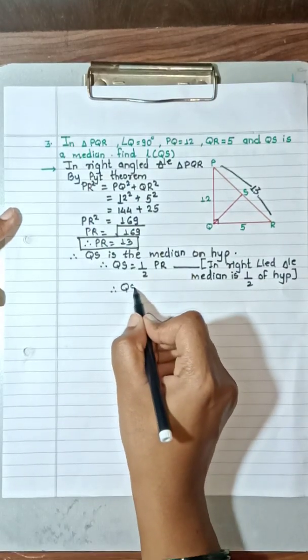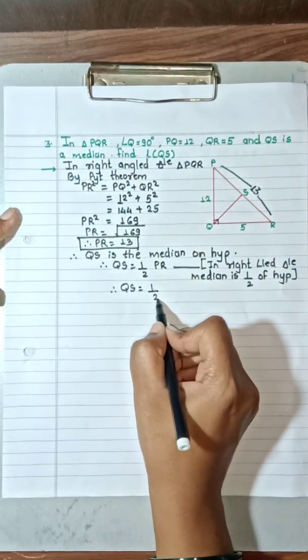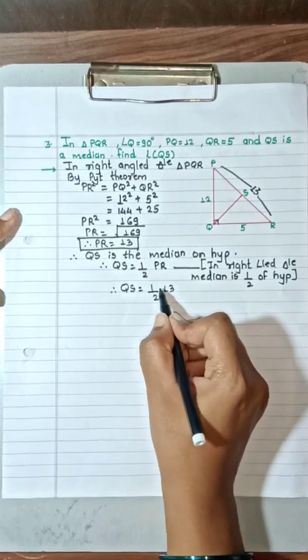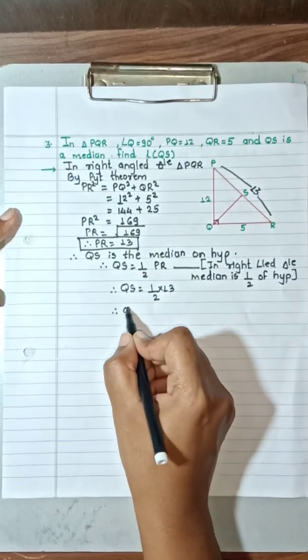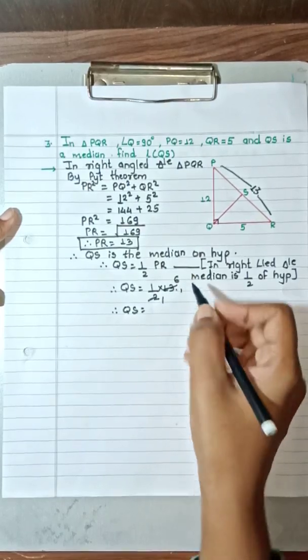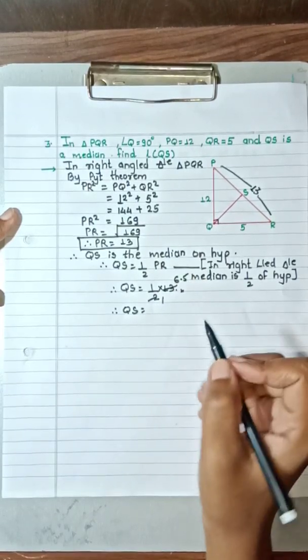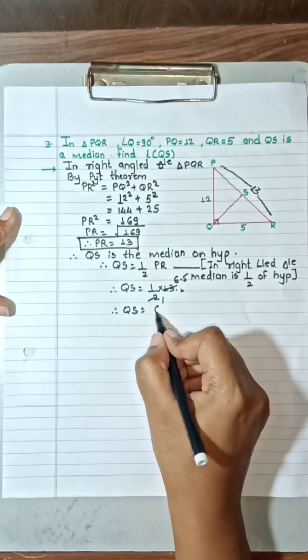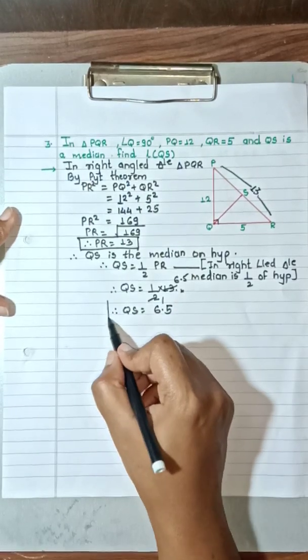Therefore QS is equal to half of PR. How much is PR now? It is 13. Therefore QS is equal to half of 13: 2 6s are 12, 1 is left, means 6.5. QS is 6.5.